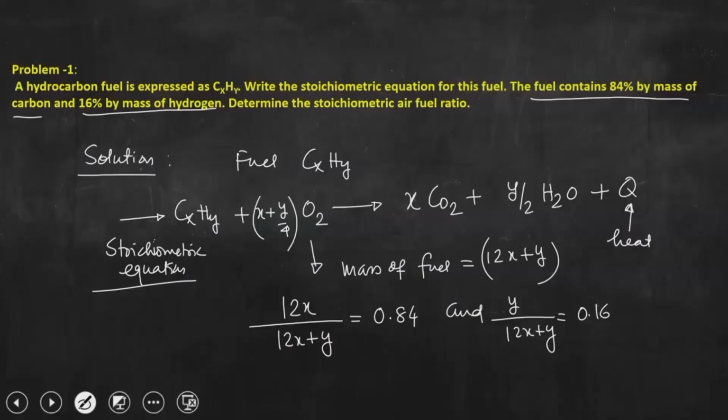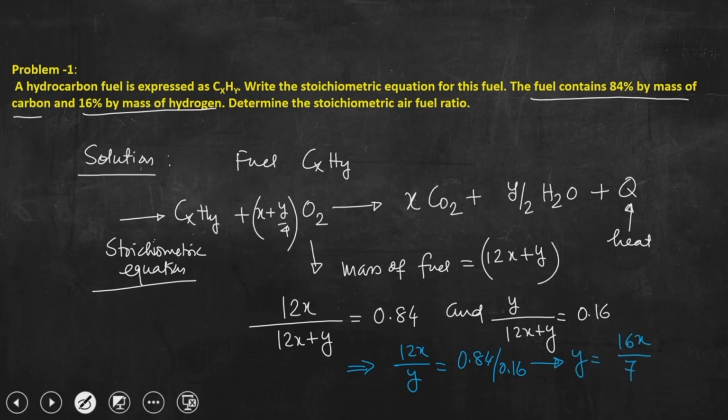From these two expressions we can write 12x by y equal to 0.84 by 0.16, that means y equal to 16x by 7. So, that we can write simply.